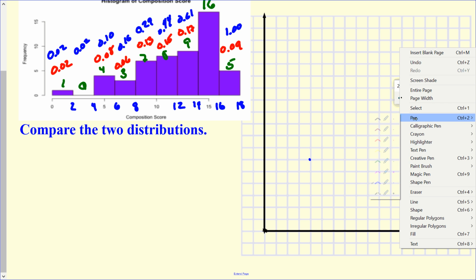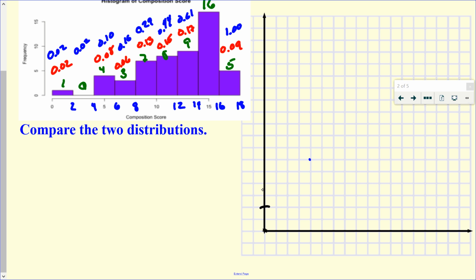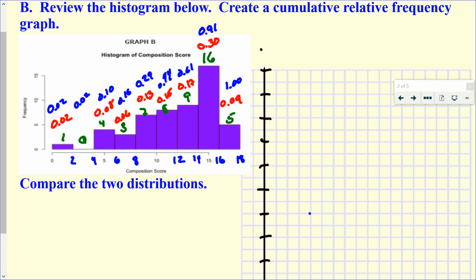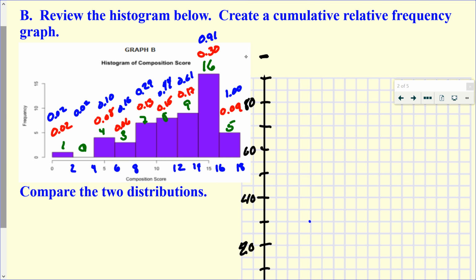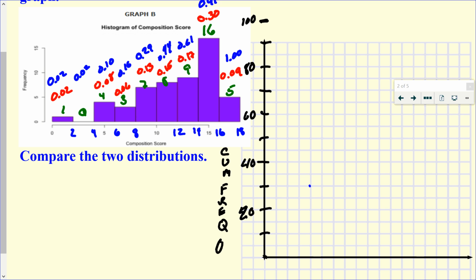Scale that. So 10, 20, 30, 40, 50, 60, 70, 80, 90, 100. 20, 40, 60, 80, and 100. This is our cumulative frequency. And that is a percent.